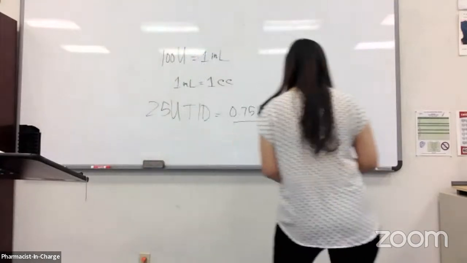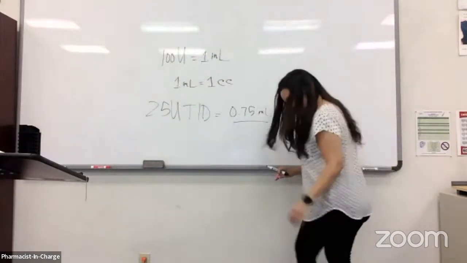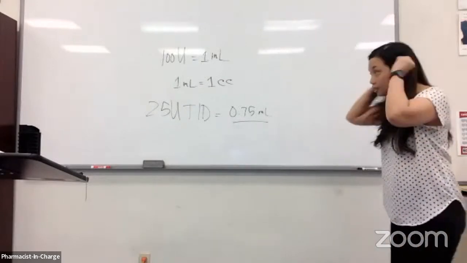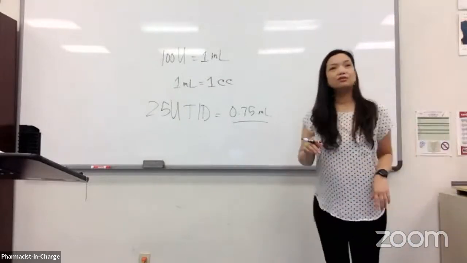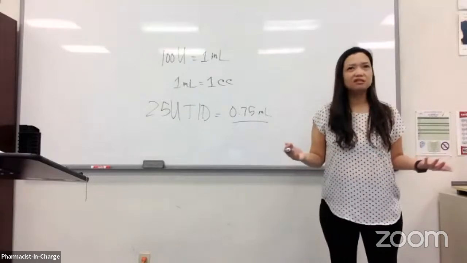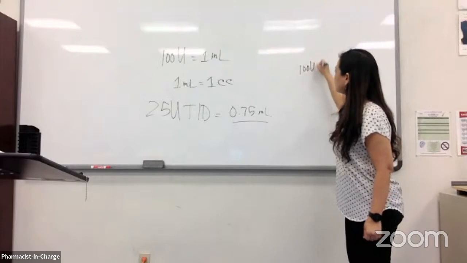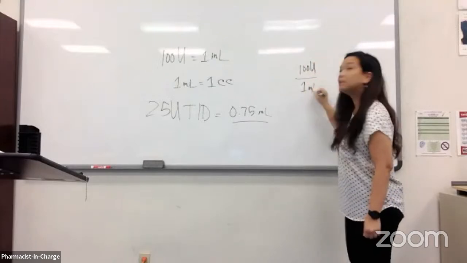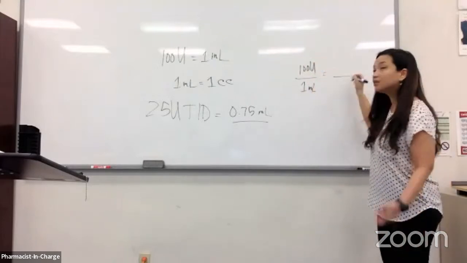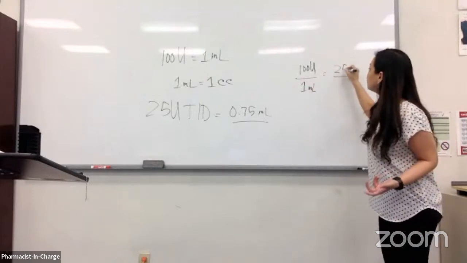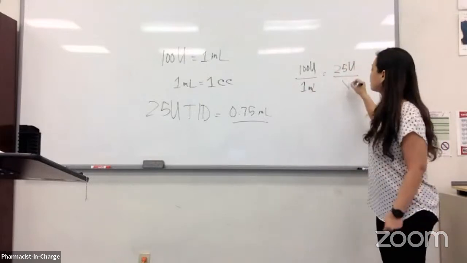Okay, let's do this. Freshmen, since you haven't done this, a simple way to do it is ratio and proportion, real fast. How do you do that? 100 units will be equivalent to 1 ml, right? As to what you were given, 25 units, X ml.